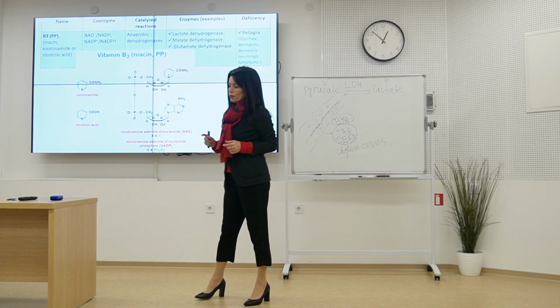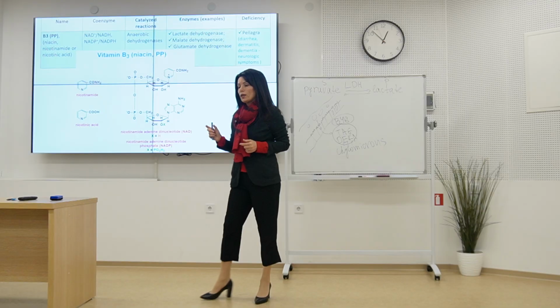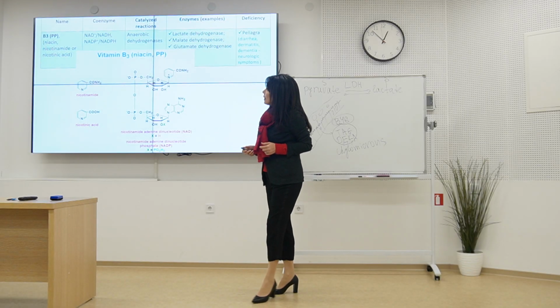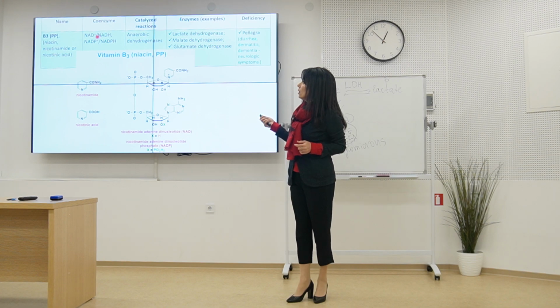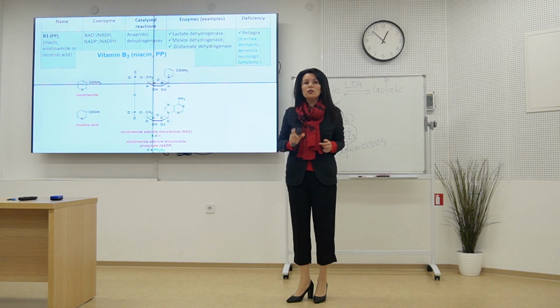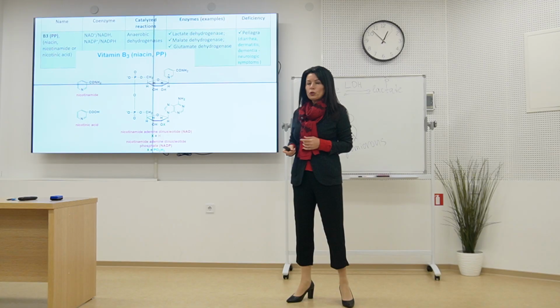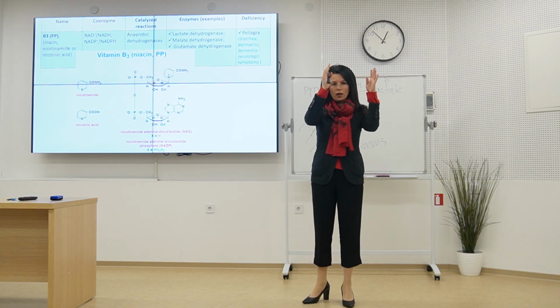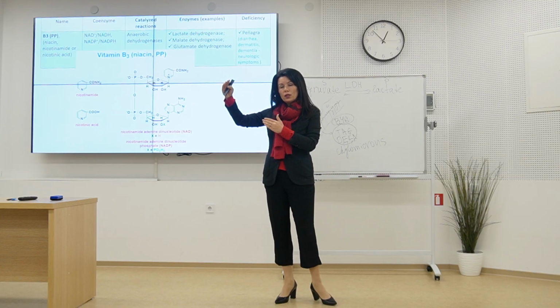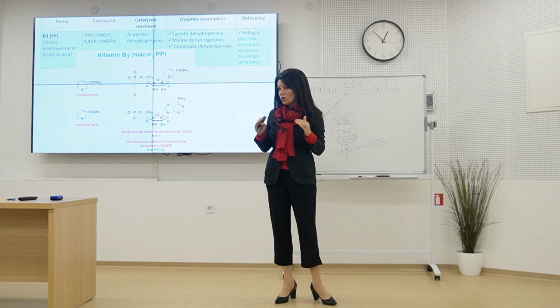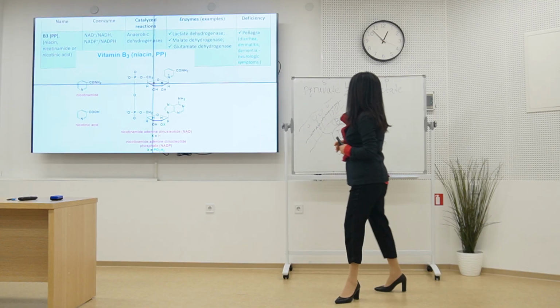What is the direction of their cofactor? The cofactor NAD is used in the reactions of dehydrogenation, which means NAD enters the reaction, NADH will be produced. This reaction is called dehydrogenation.